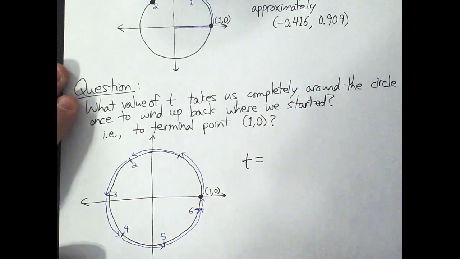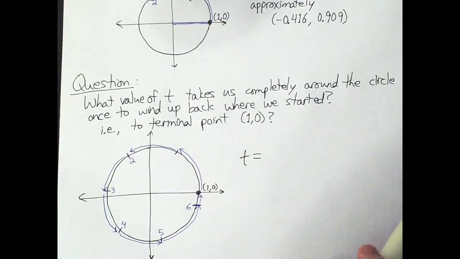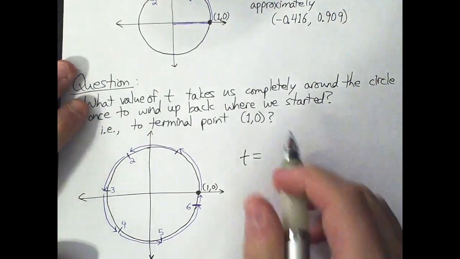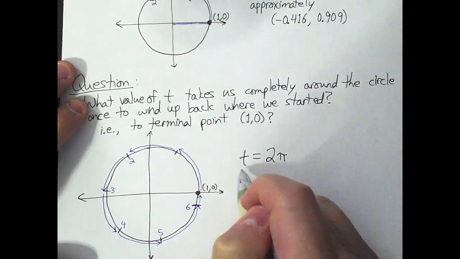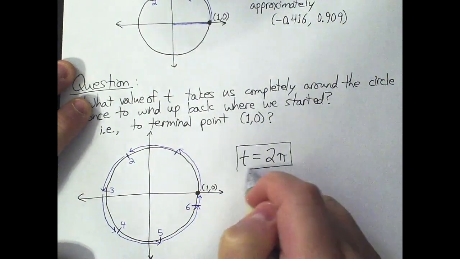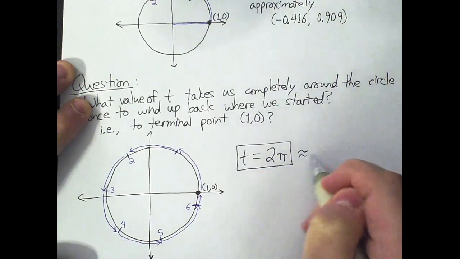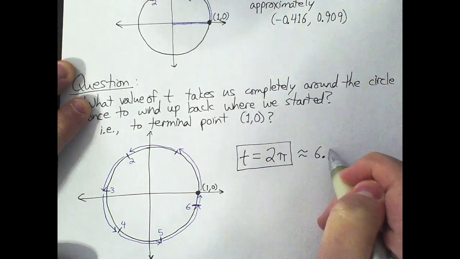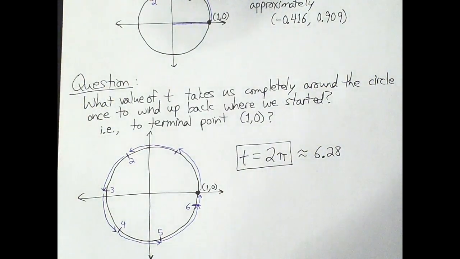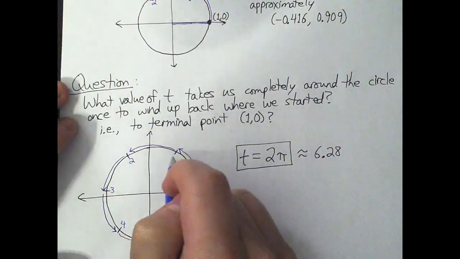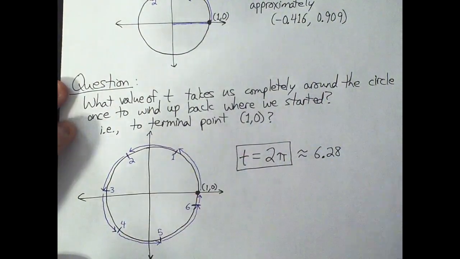So the answer to this question, what value of t does this? Would you believe that it is exactly 2 pi? And 2 pi is approximately 6.28. I tried to go 1 unit at a time, and it looked to me like it is a little bit more than 6.